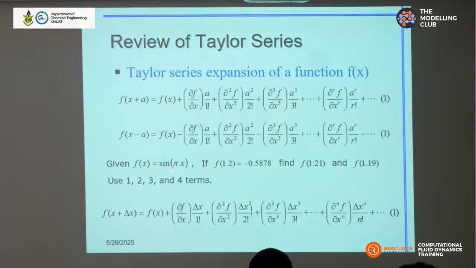You can find it for 1.1, sine of pi times 1.2, which is given by this value, and you can check for yourself. You can also find the sine of 1.21, and then the sine of 1.19.